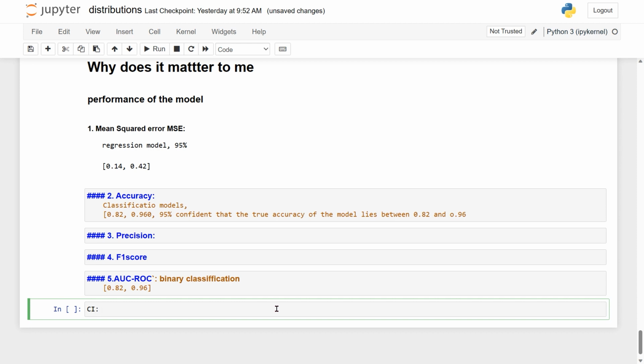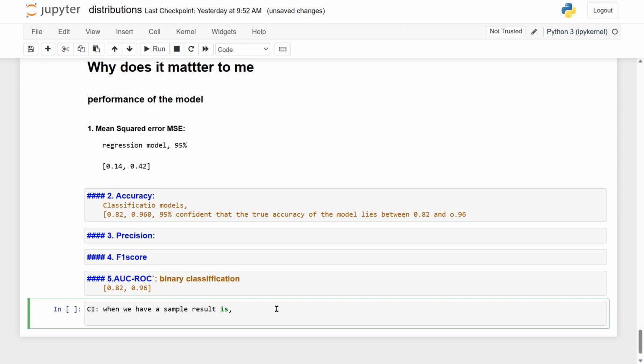Of course, what we are really interested in, when we have a sample result, is asking the question: what is the probability that the true value lies within a certain interval?